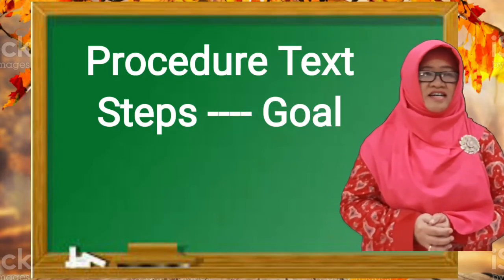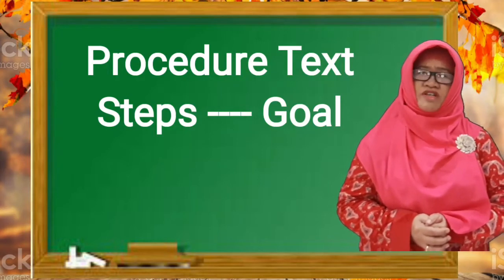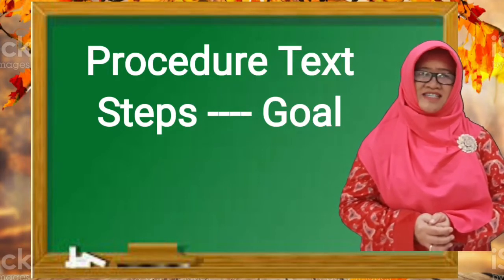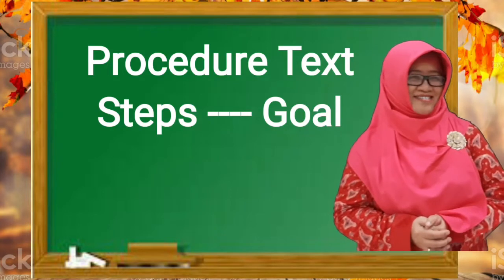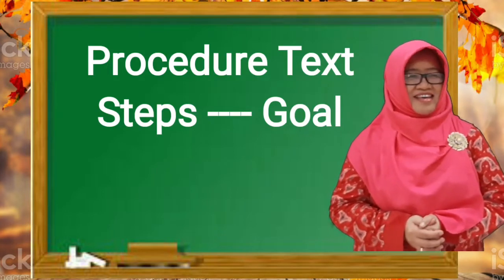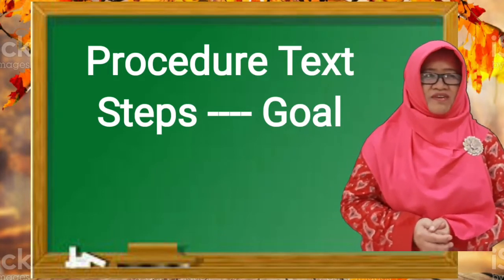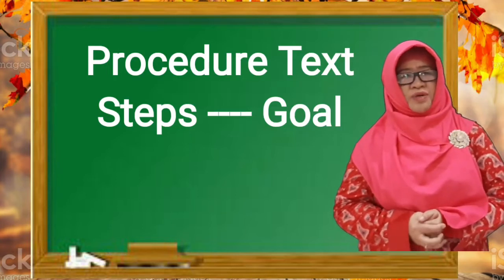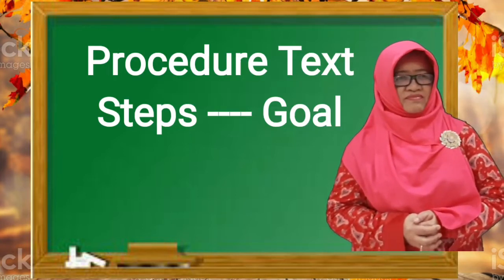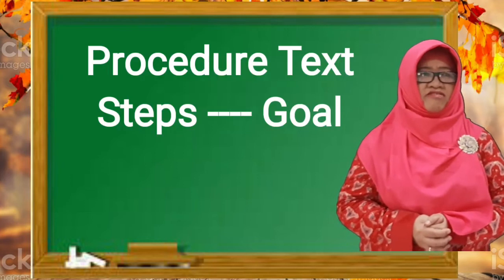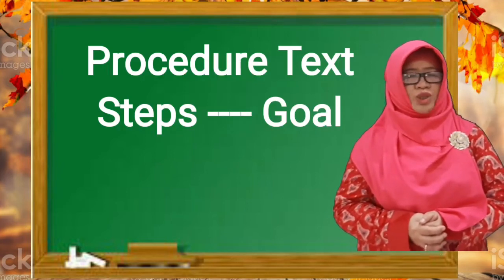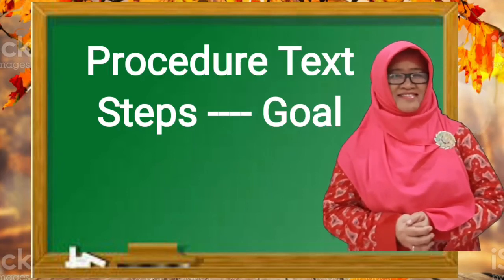My question, what are the steps used for? What do you think? Yes, right. We use the steps to reach a goal. But sometimes when reaching the goal, we need tools and materials.